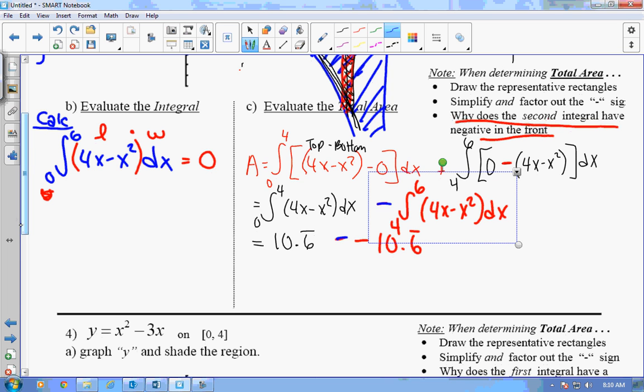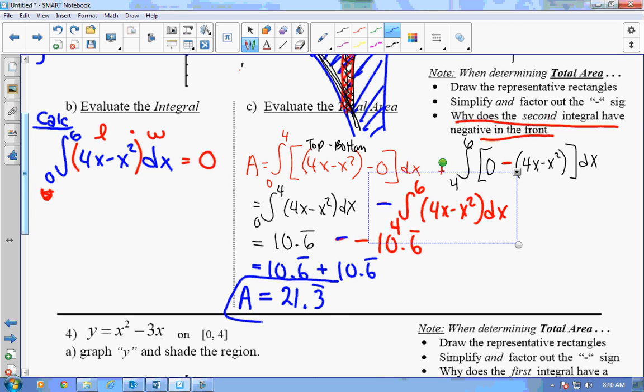If we do top minus bottom, that second piece, if it happened to be a negative piece, it will force it to be positive, plus 10.6 repeating, which is, let's see, 10 and 10 is 20, 2/3 and 2/3 is what, 1 1/3? So 21.3 repeating, the area. And that's it.